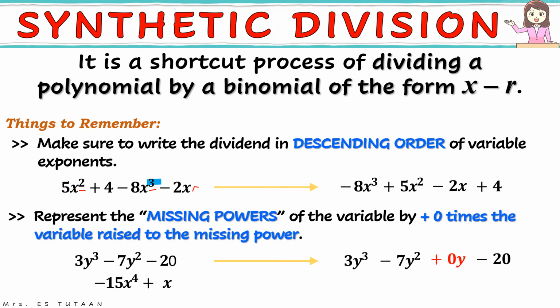So, to write it, we have negative 15x to the 4th plus 0x cubed plus 0x squared plus x. Ang x natin ay given. And then, wala din tayong constant. So, plus 0 yan. Okay? So, yan yung mga kailangan natin i-consider bago tayo mag-synthetic division.